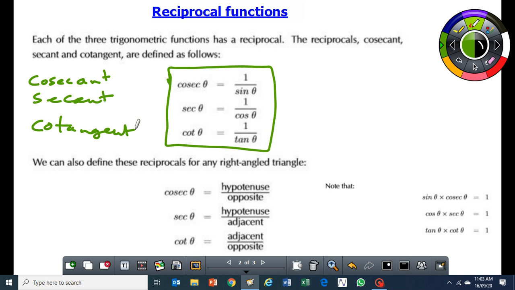Then there is also a relationship with the adjacent side, the opposite side, and the hypotenuse. The reciprocals can also be written using adjacent, opposite, and hypotenuse.